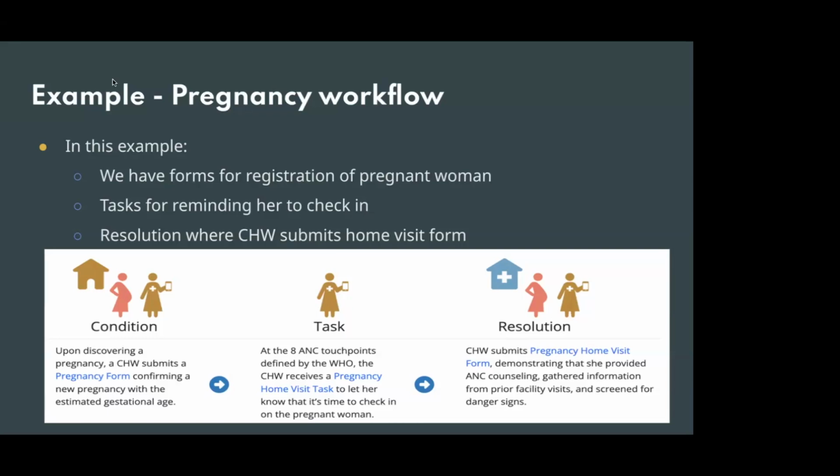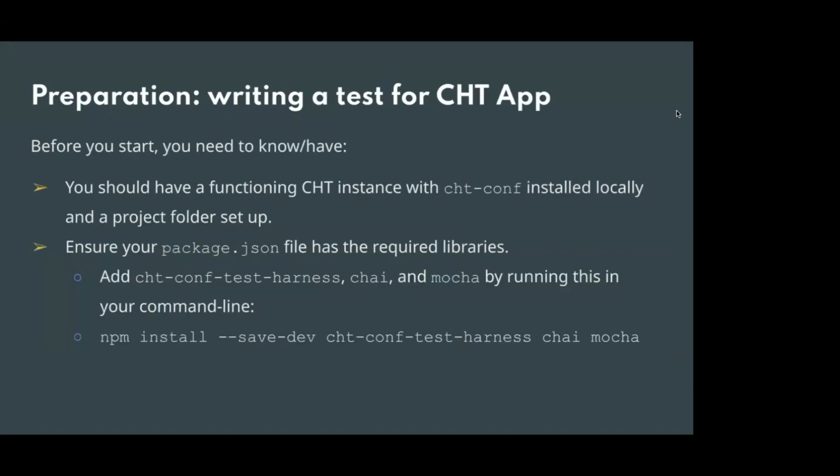I'm Paul. I'm based in Lomé, Togo, and I'm an app service developer at Medic. So when it comes to writing tests for CHT apps, it requires a good understanding of your project workflows and all the requirements that it needs. So before beginning to test a CHT app, you need to have some things set up first.